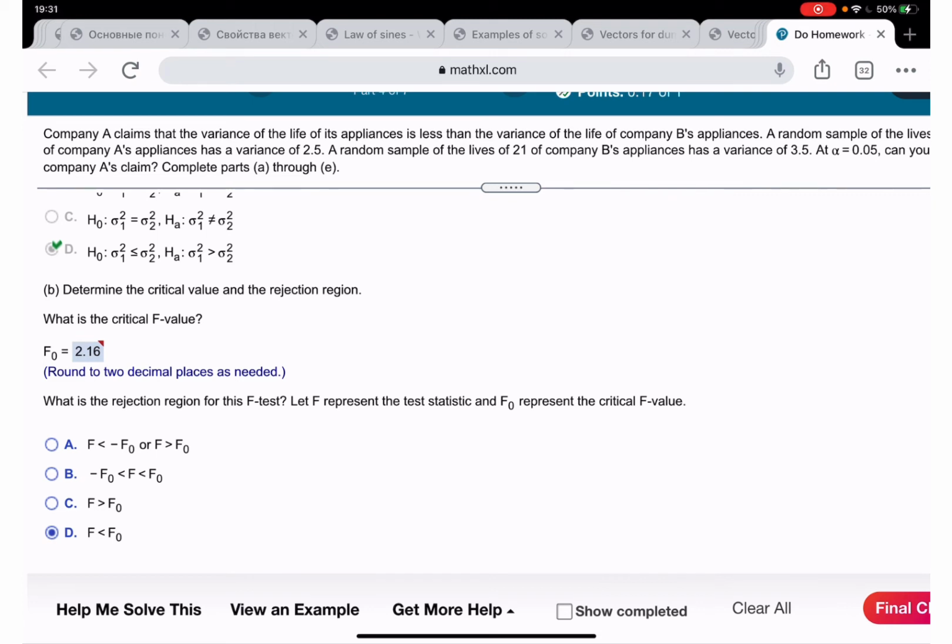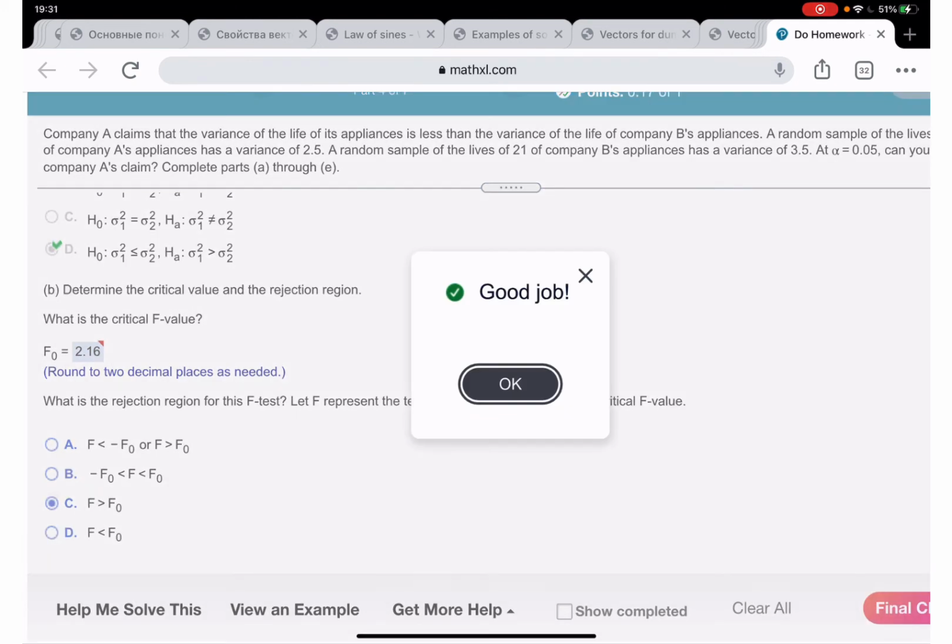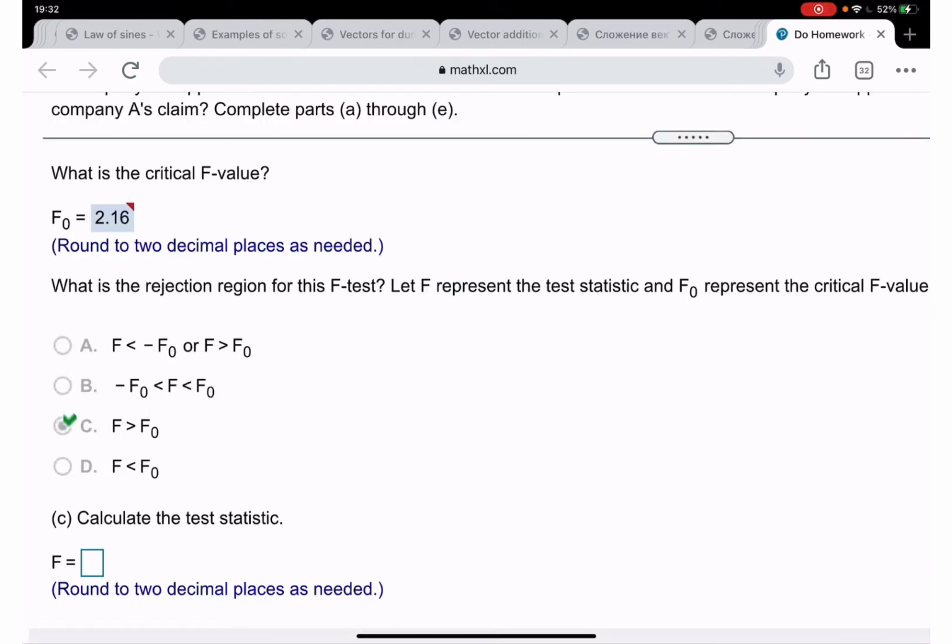For the rejection region, F has to be greater than F0, then it will fall in the rejection area. If it were two-tailed, then we would split alpha to get the critical value.